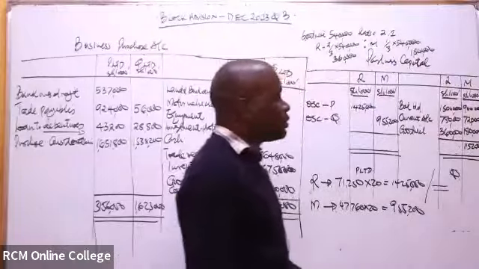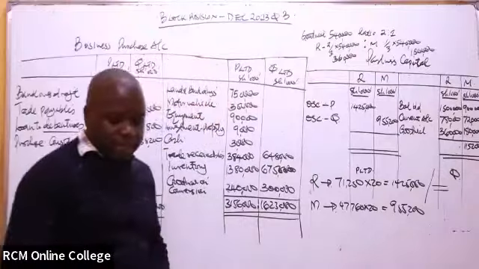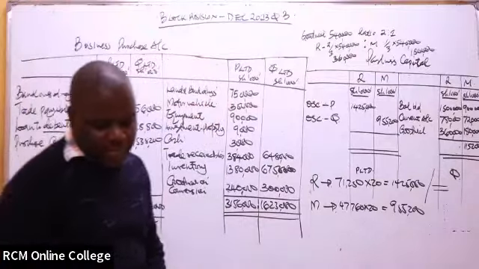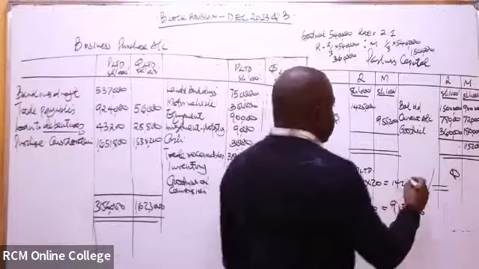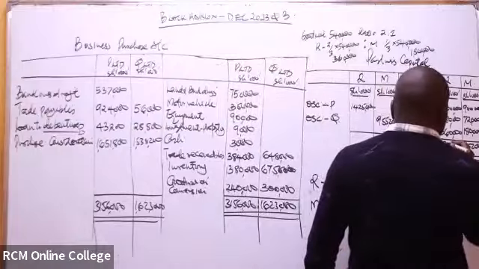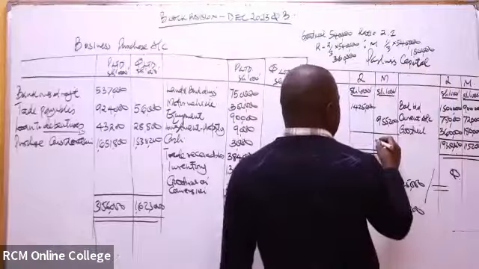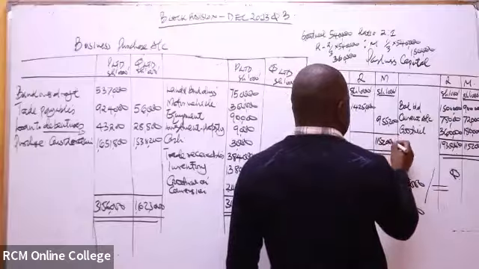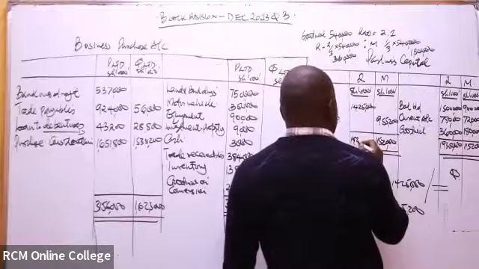Then the other one, 1,500 plus 780 plus 360. You should be able to get 1,938,000. So this one is 1,152,000, and this is 1,938,000.